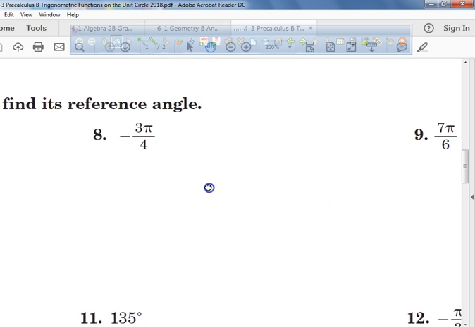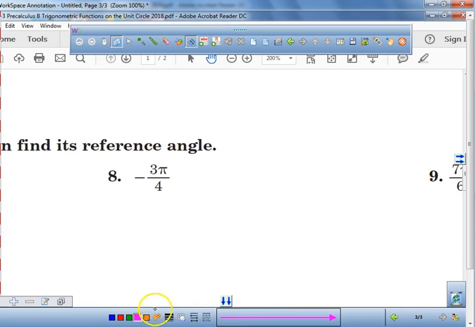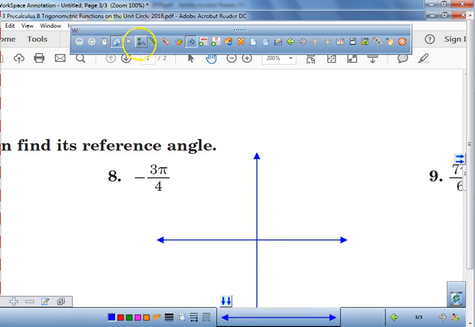Now let's look at problem number 8. Is number 8 in degrees or is it in radians? Radians, okay? So if number 8 is in radians, we got to find the reference angle in radians. Well, what's easier to work in, radians or degrees? Degrees, right? So what I want you guys to do right here, we're going to make a little sketch.